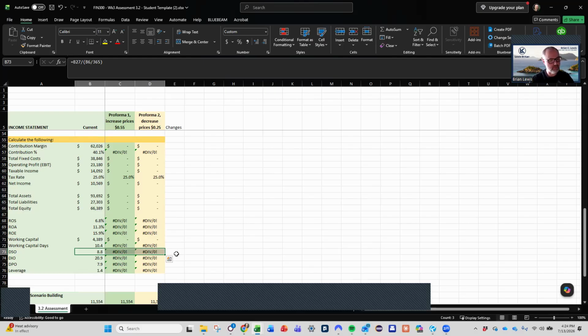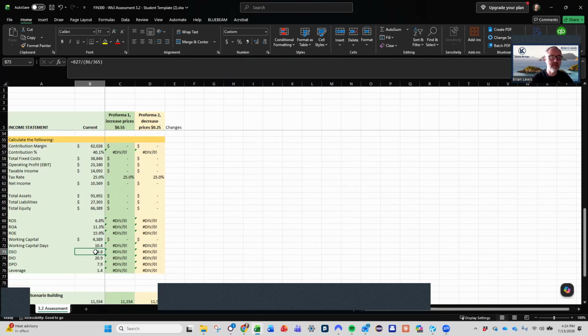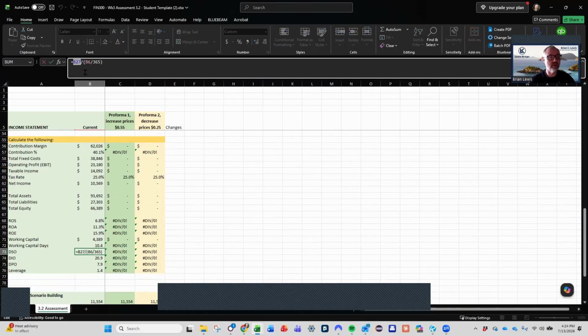There's a couple different ways of doing that, but I'm going to let you figure that out because you know the formula of how to calculate it. You just need to reverse engineer it to figure out what you know. And I'll tell you what you know: the revenue will change. B27 is the variable, receivables.